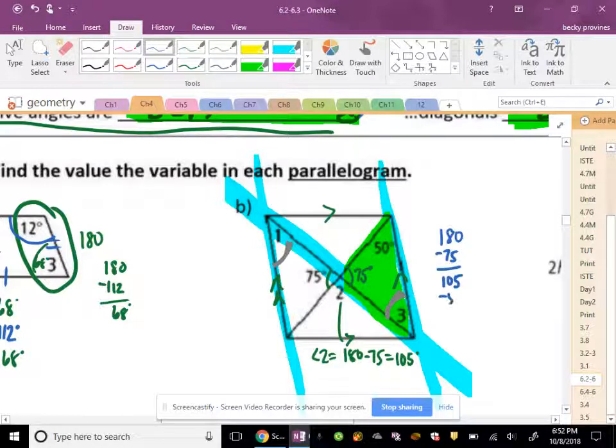And then I'm going to subtract away the 50. And I'm doing this today without a calculator. So, of course, you could just do it on a calculator. And so I get 55 degrees. And so if angle 3 is 55, I know angle 1 is also 55. Okay, and so it's nice to always just go ahead and write out my answers.